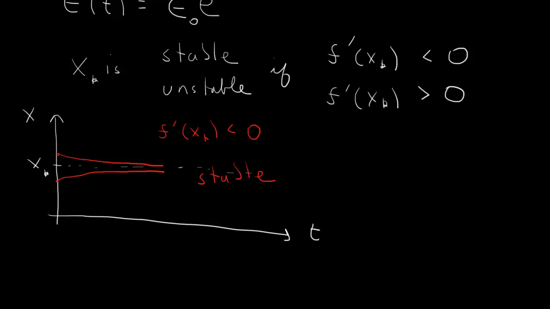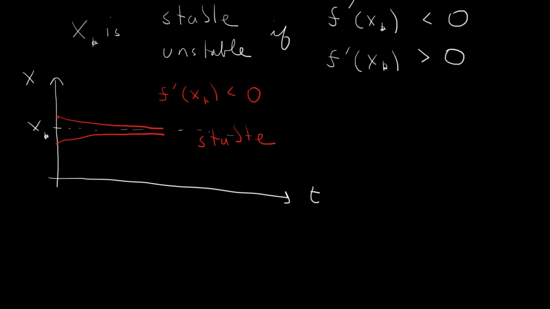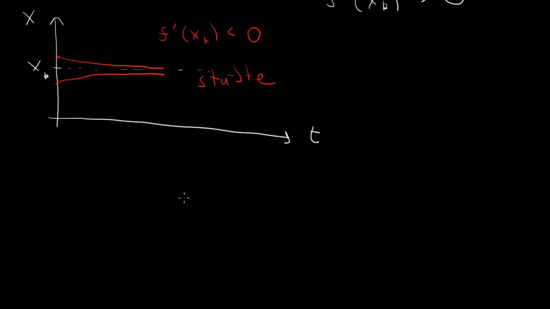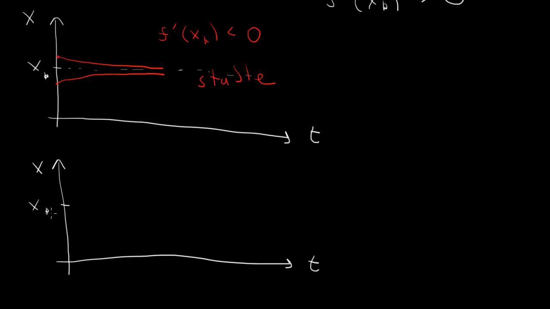If it's unstable, we can draw a corresponding graph for unstable. Here we have x versus t. Here is our x star. This is the fixed point. If we start at x star, we're always at x star.